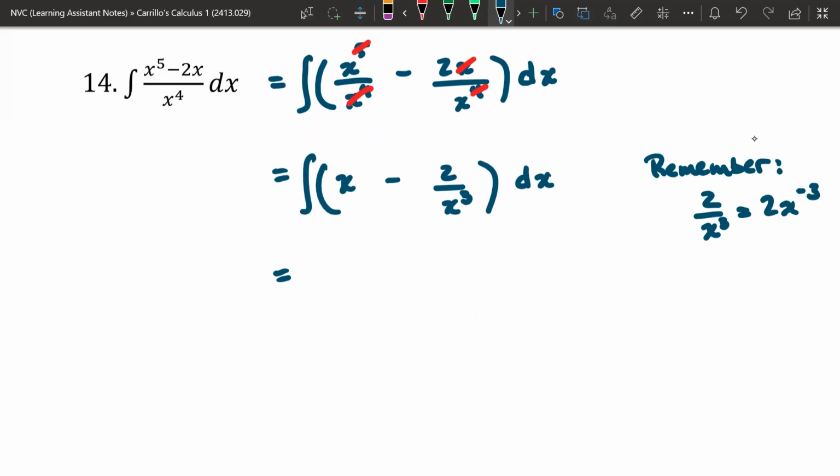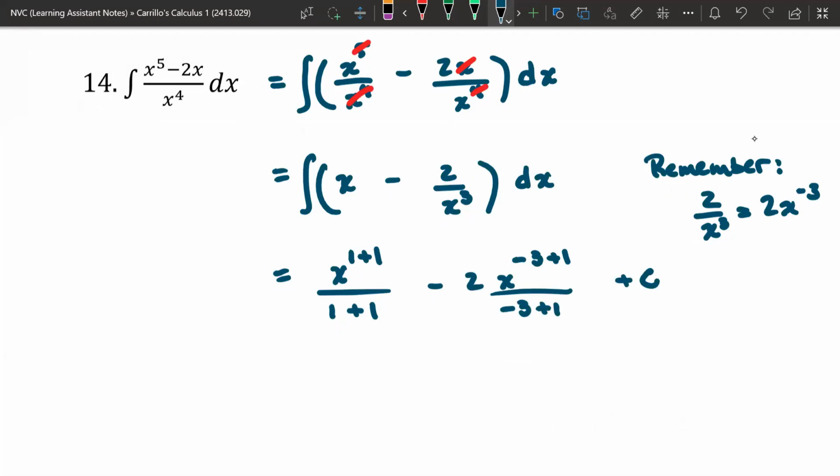So this first term, if I integrate it, that's going to be x to the 1 plus 1 over 1 plus 1, minus, and again, this is a constant coefficient, so I can ignore that. And then now I'll have x to the negative 3 plus 1 over negative 3 plus 1. And then finally plus our constant of integration.